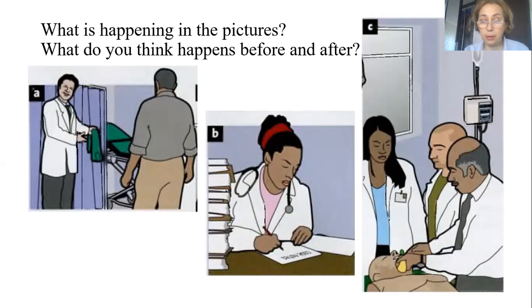One of them is a little bit elder than the others, the doctor who is doing this kind of manipulations. I think the other two doctors, women and men, they are assistants. They are assisting this doctor. Okay.